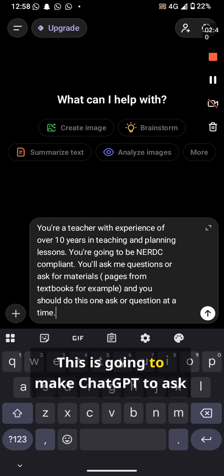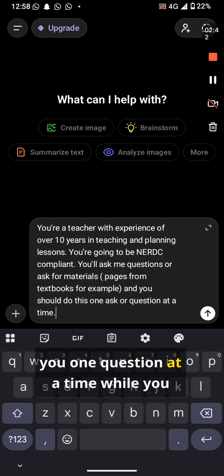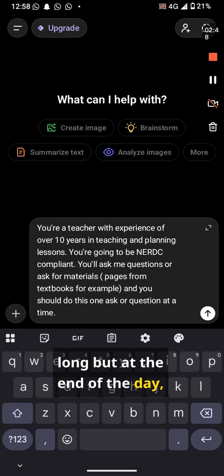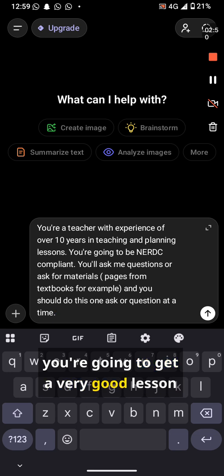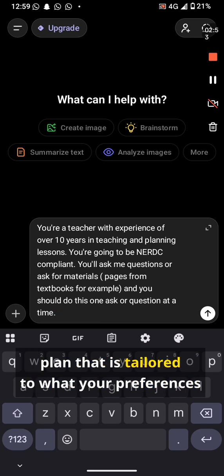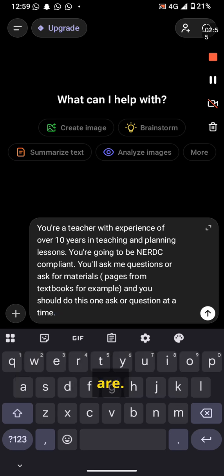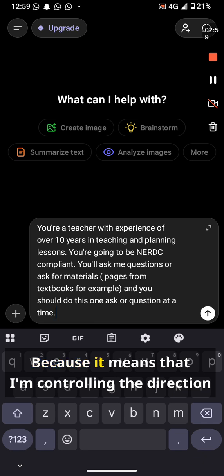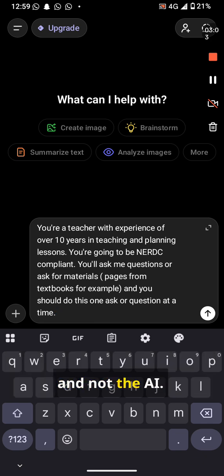This is going to make ChatGPT ask you one question at a time while you provide it. The process is going to be long, but at the end of the day, you are going to get a very good lesson plan that is tailored to your preferences. And this is very powerful. Why? Because it means that I'm controlling the direction and not the AI.